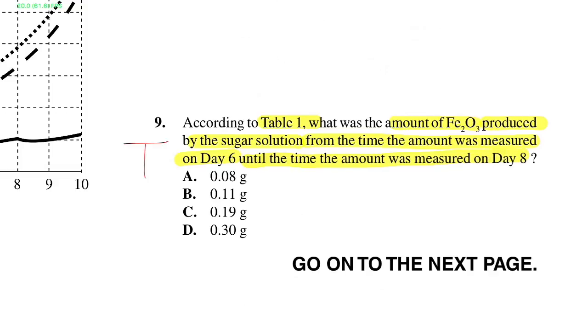So again, it's telling me, look at table 1, look for the amount of iron in the sugar solution from the measurement on day 6 until the measurement on day 8.